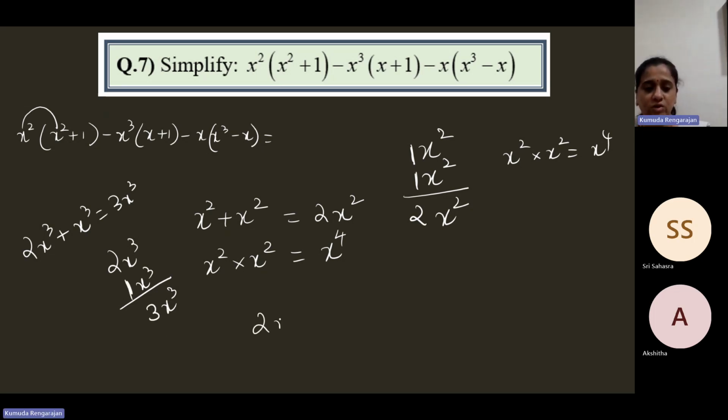But what is 2x cubed into x cubed? Multiply everything. 2 and there's nothing else. There's no other number, right? So 2. X cubed into x cubed. When it's multiplication, you should add the powers. X to the power 6.